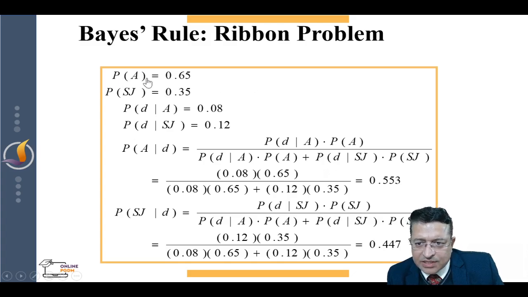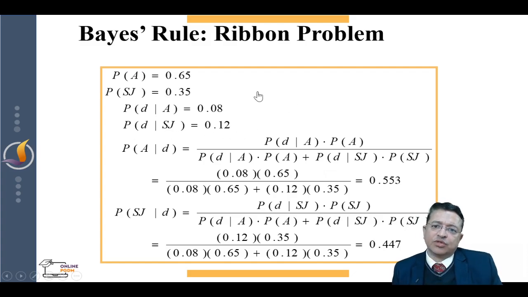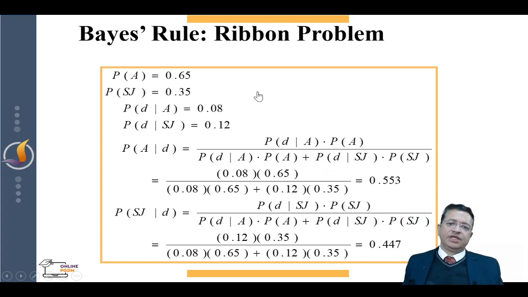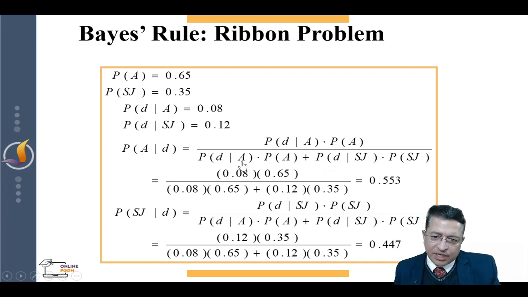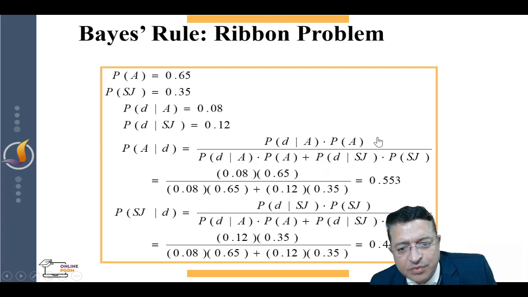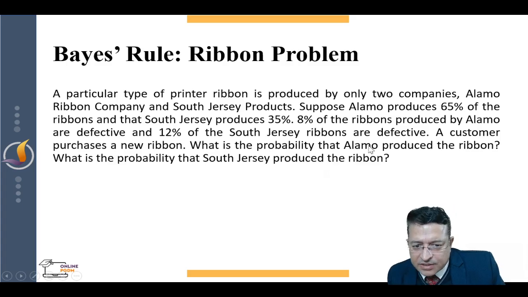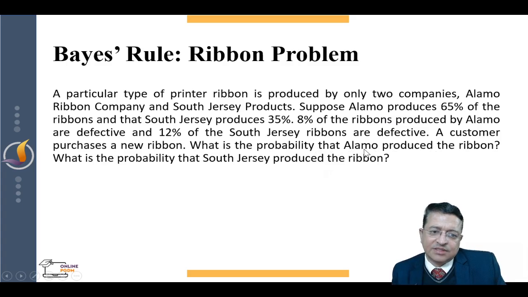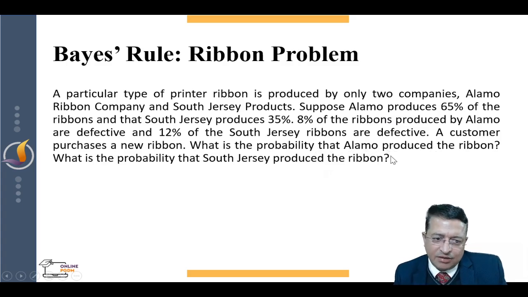One is production by the first company and defective from the first company, the other is production by the second company and defective from the second company. So these are two exhaustive cases. These will make your denominator, both the cases. And whatever probability you want to calculate, suppose some customer purchases this particular ribbon, what is the probability that this is produced by the first company, Aloma?